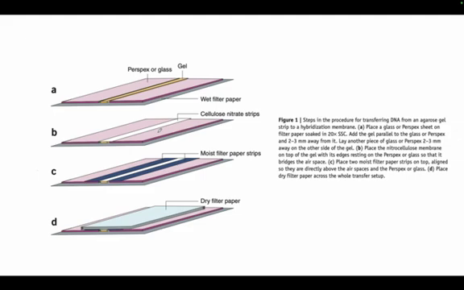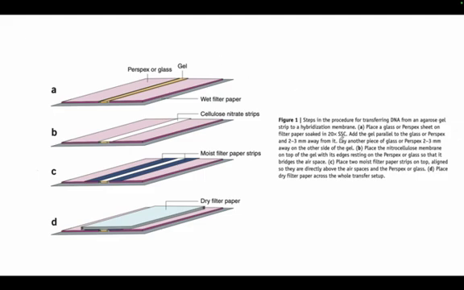Now, how do we transfer after we've run the gel? Now our DNA is stuck in the gel, so how do we transfer it to our filter? So if you have a very thin gel, okay, what you can do is place it between two glass strips, and then add a wet filter paper which is soaked in this transfer buffer.